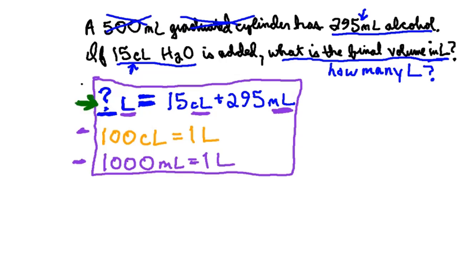We need to convert this 15 centiliters into liters. Well, we have our conversion factor right here. 100 centiliters equals 1 liter. So what are we going to do? We're going to say how many liters equals 15 centiliters.